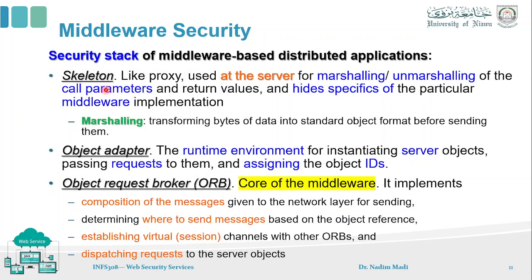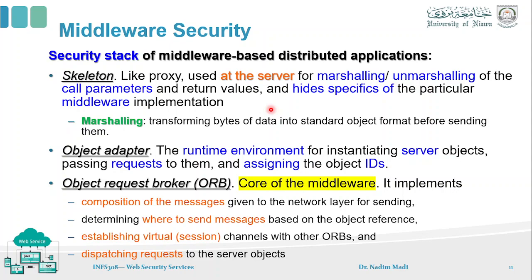We also have the skeleton. This is on the server side, where processes like marshalling and unmarshalling happen. By the way, here we define marshalling as the process of transforming the bytes of the data into a standard object format before sending them. So it's how to manipulate and align those signals, or binary data, into an object format.